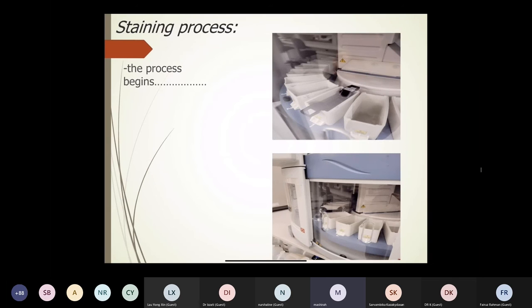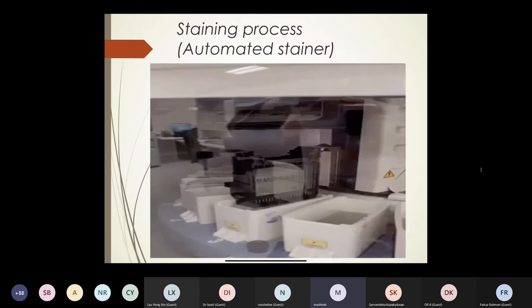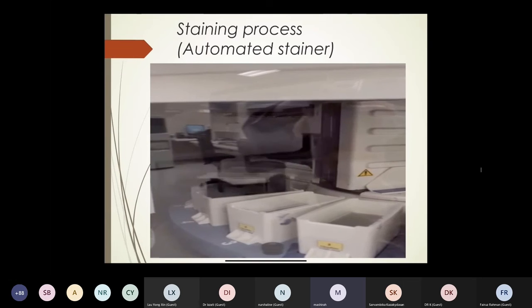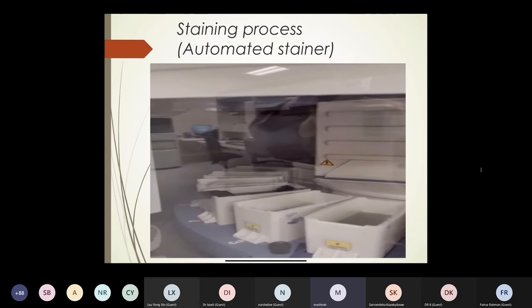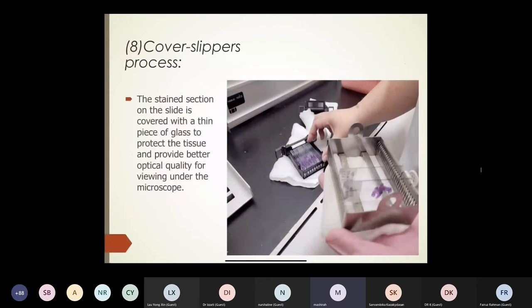The process begins here. The process is fully automated. Then the next step is the cover slipper process.